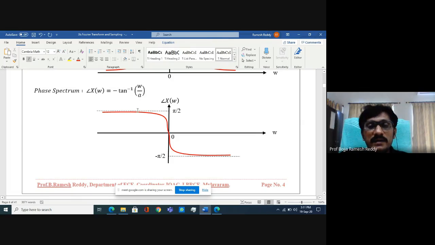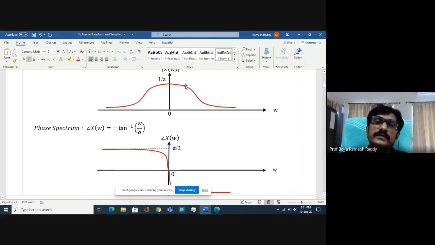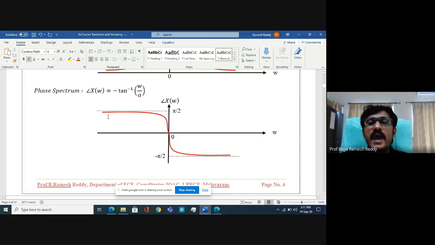Means 90 degrees is the maximum angle, which occurs at omega is equal to minus infinity. Minus 90 is the minimum angle, which occurs at omega is equal to infinity. The magnitude spectrum is even symmetrical about the y-axis. This phase spectrum is anti-symmetrical about the y-axis.